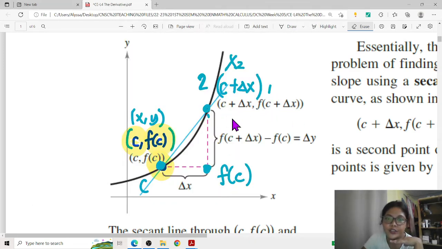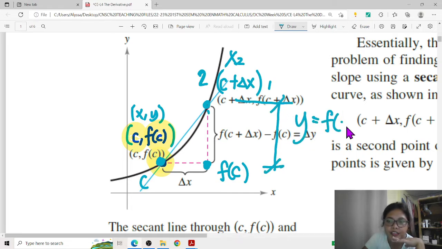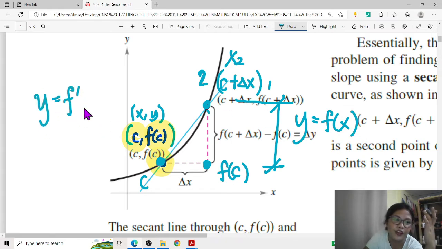Now, as I try to go higher at this point, as I go higher, this y variable is now a function of x. So, tandaan nyo ha, lagi naman di ba, y is a function of x.